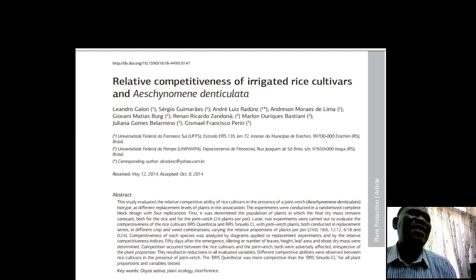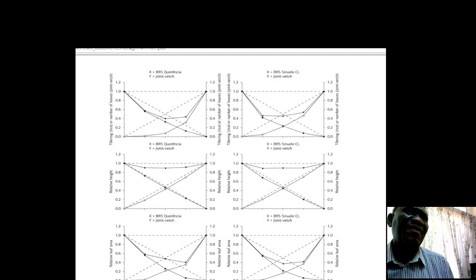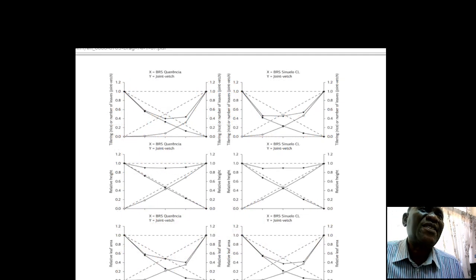Here we have got relative competitiveness of irrigated rice cultivars versus that weed, Aeschynomene denticulata. It's a weed, I don't know it, but it was used by some scientists in an experiment. So this is what they got.